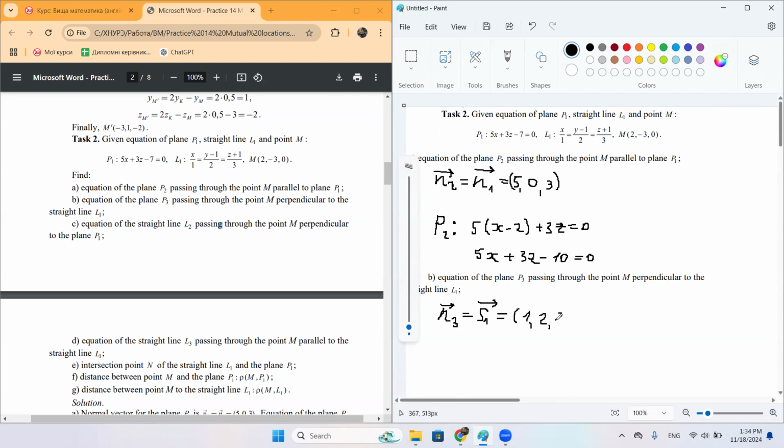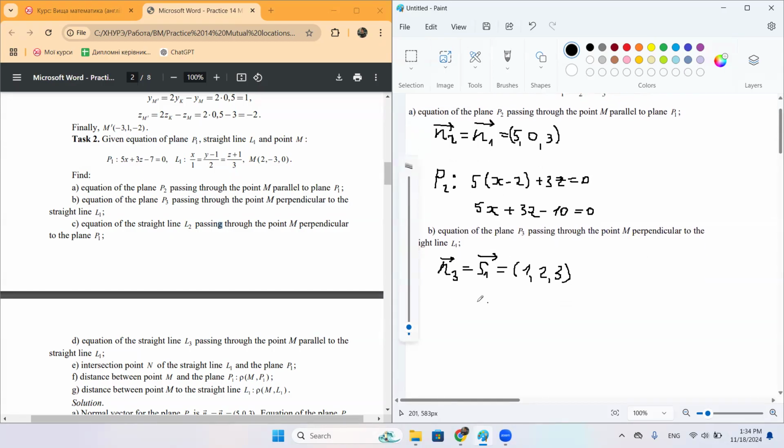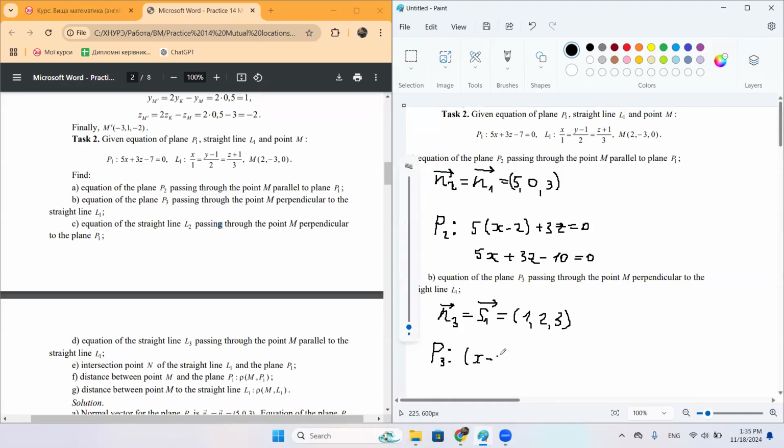Yeah, and so this is the same form of the equation. So P3: x minus 2 plus 2y plus 3z equals 0.